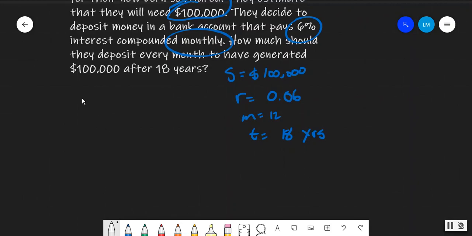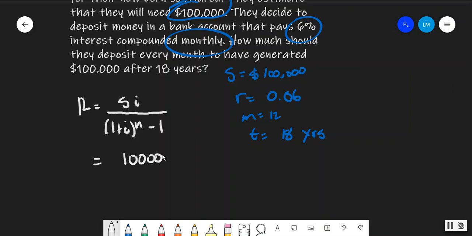So we know that we're going to use the formula R equals S times i divided by (1 plus i to the power n minus 1). Now, this is more or less a very complex computation, but it can be done.